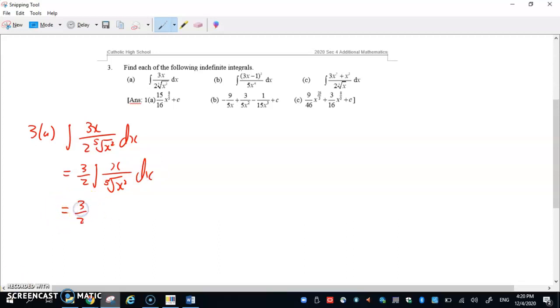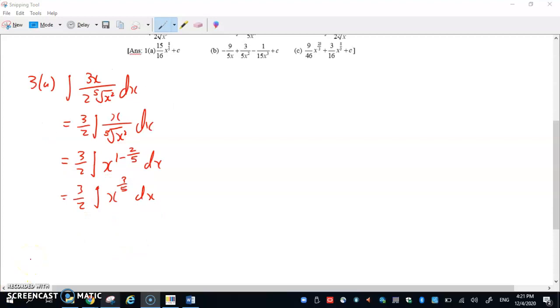If you simplify the entire expression here, what you get is x to the power of 1 minus 2 over 5 dx, and you will get 3 over 2 integrate x to the power of 3 over 5 dx. From the power 3 over 5, if you plus 1, you get 8 over 5.